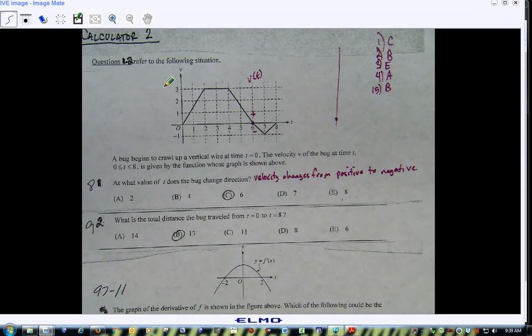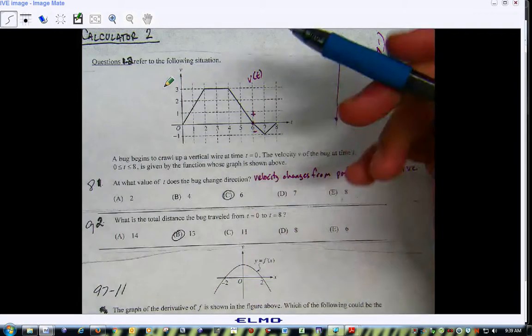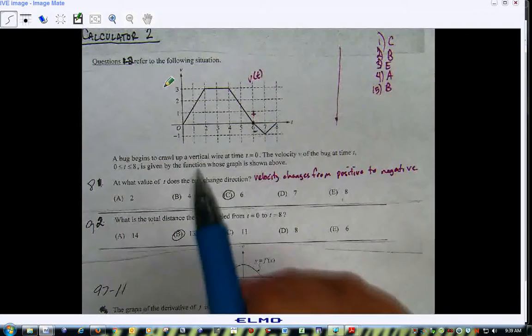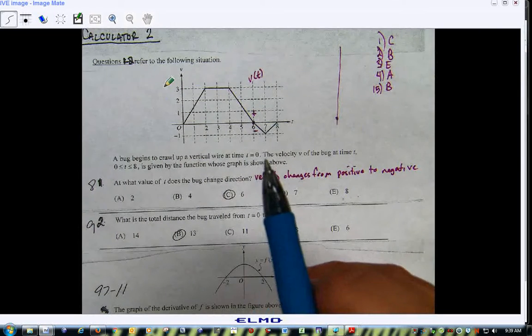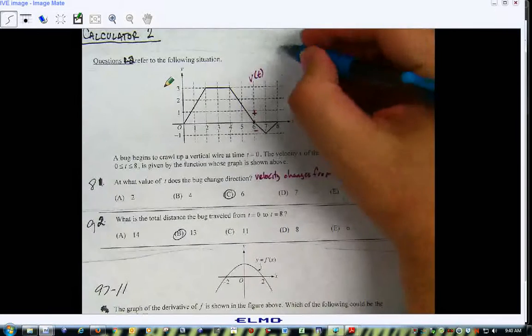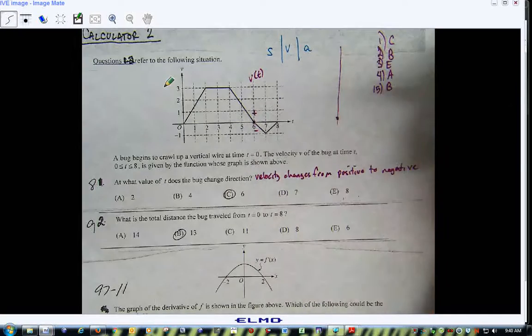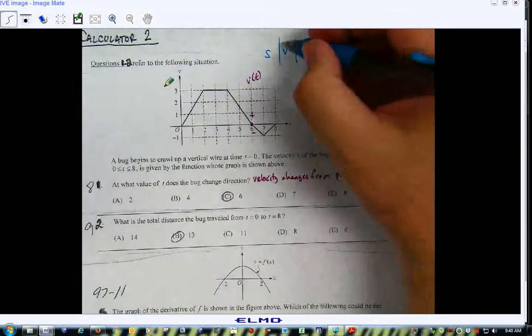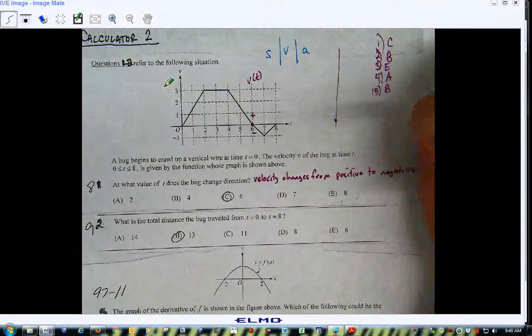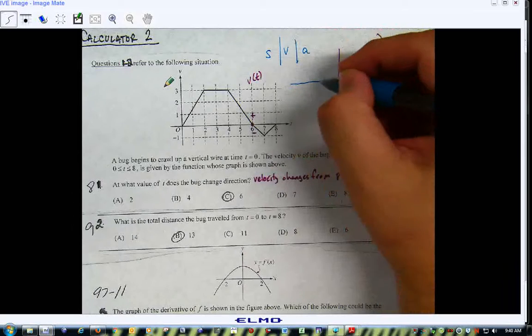Yes? Why couldn't it be number 4, because it's decreasing? Well, think of the relationship between velocity, position, and acceleration. When we do a sign test on velocity, we look for the zeros.